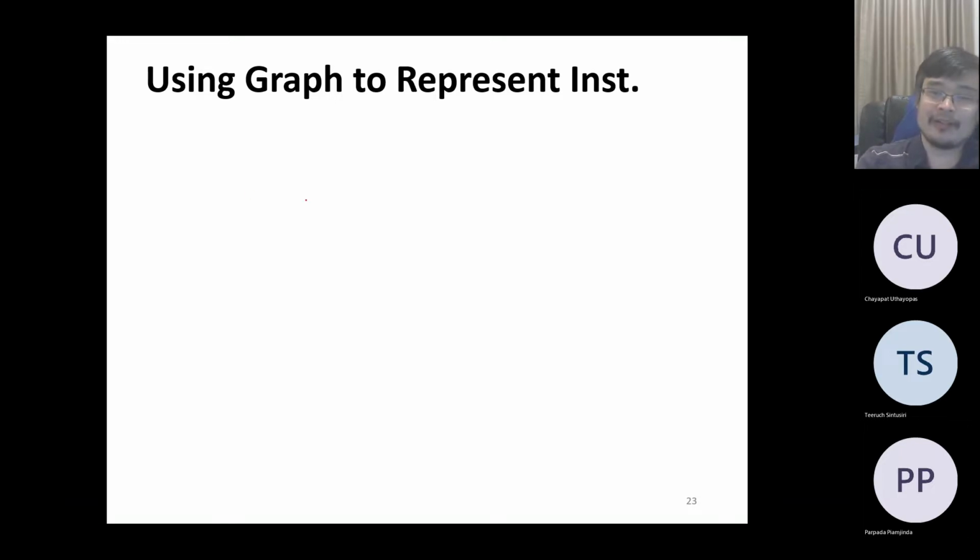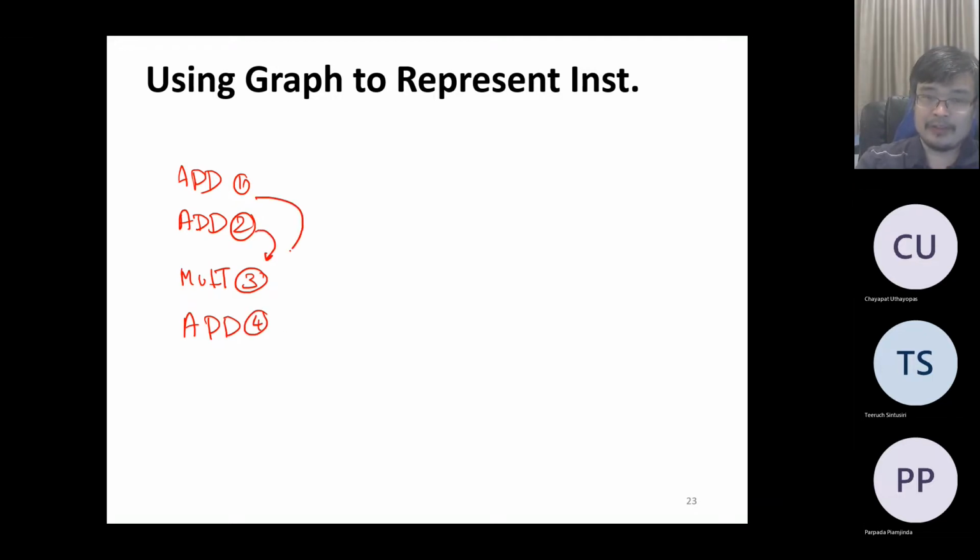So basically, if I can have, say, add, I guess the first add, the second add, right? And multiply and add, for example, right? And then there's a dependency between these two instructions. Basically, I first add the two numbers together, generate the input for the multiply.